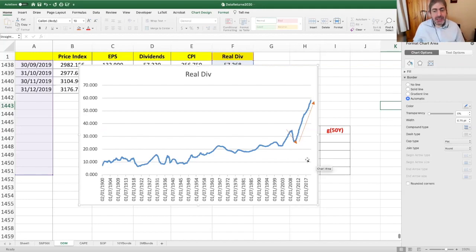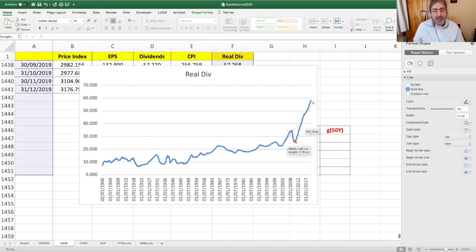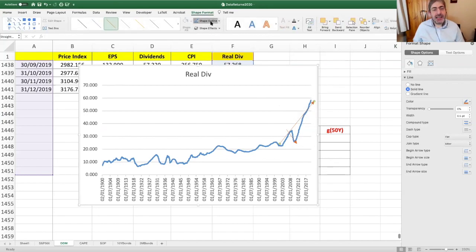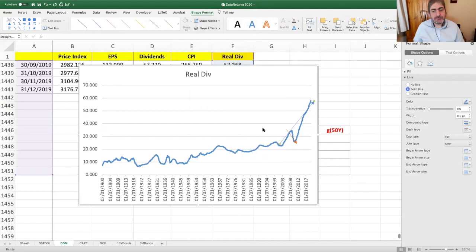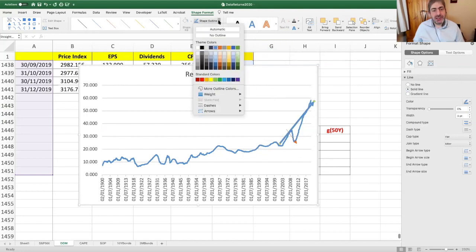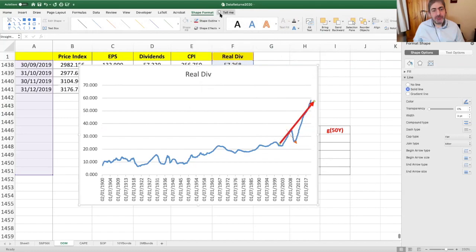But even if you forget about the global financial crisis and you take the dividends from 2003, etc., still we see that the growth rate of dividends is pretty different from the historical one.